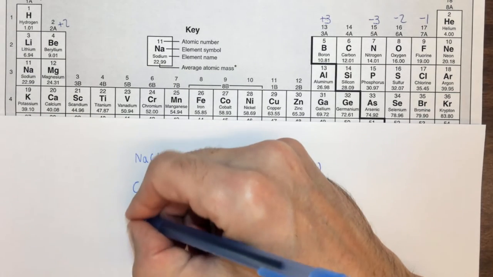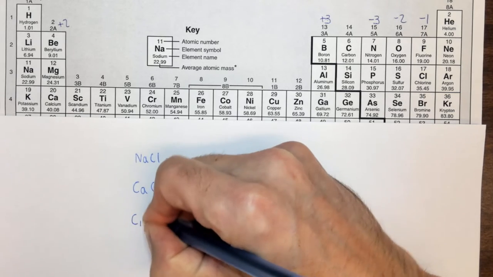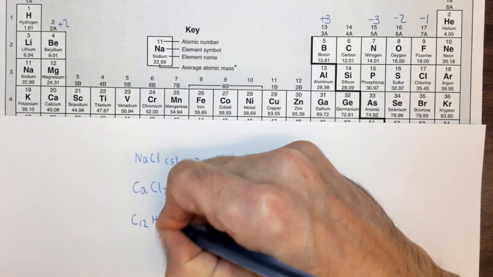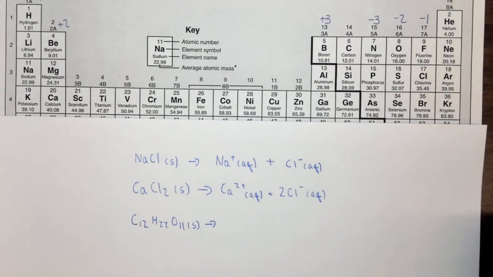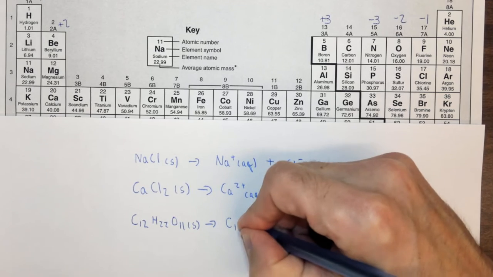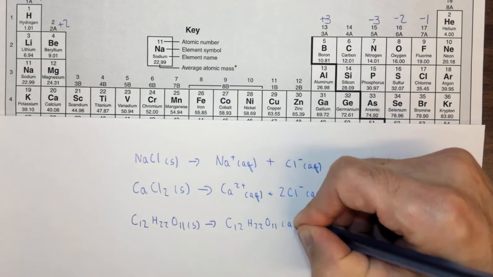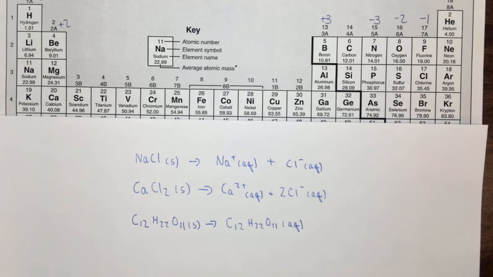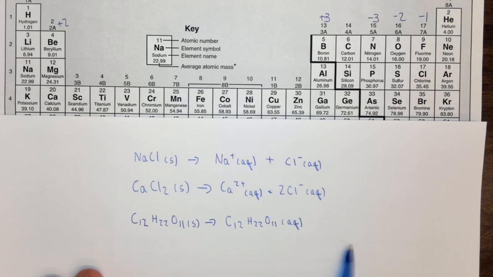What if we were to take table sugar, C12H22O11, solid, and dissolve it in water? Sugar certainly dissolves in water. It stays as C12H22O11, aqueous. It doesn't break up. And you might ask, well, how do you know these break up and this one doesn't?